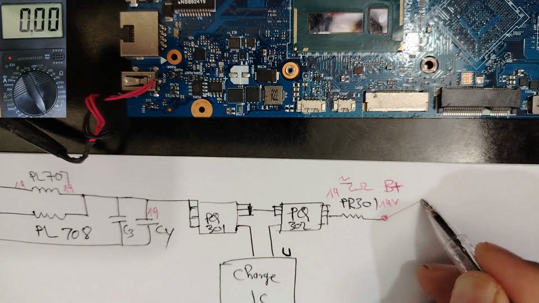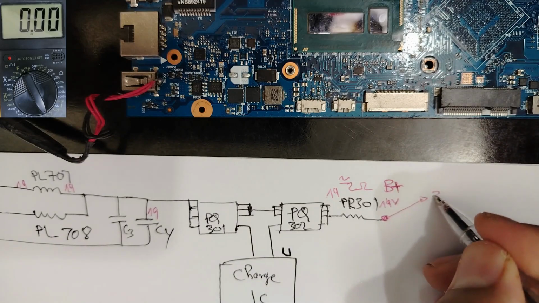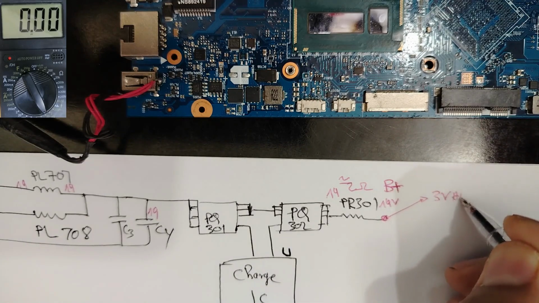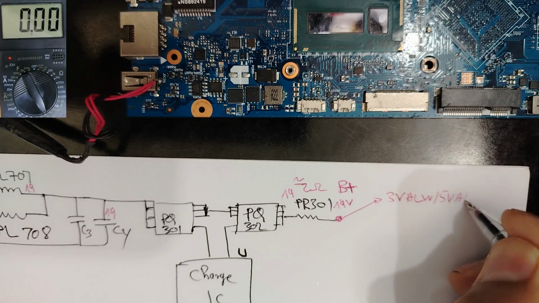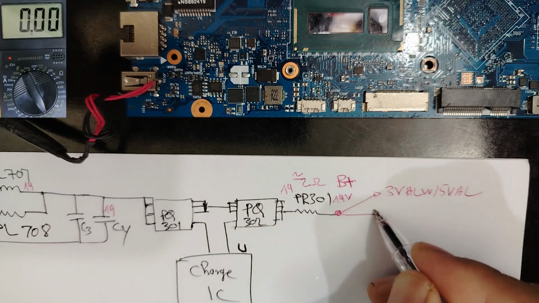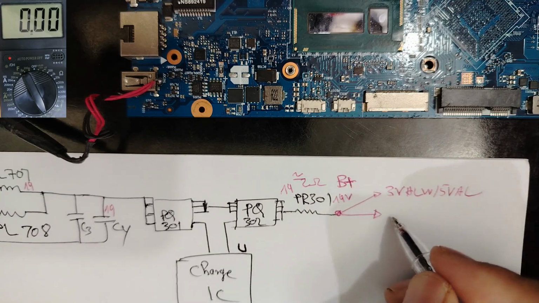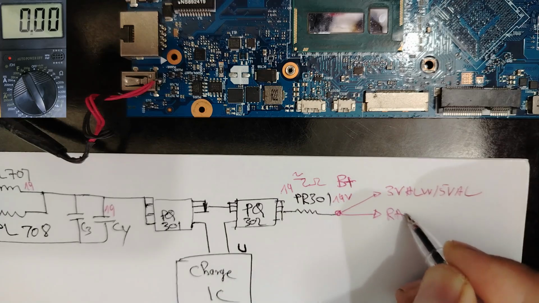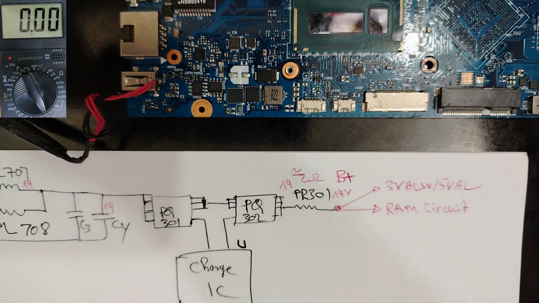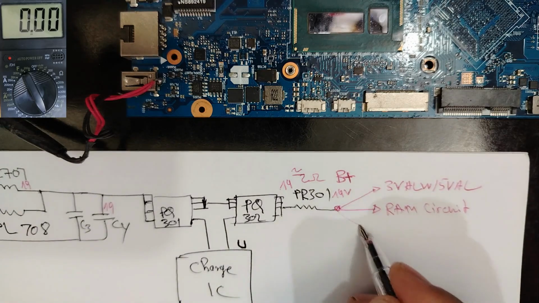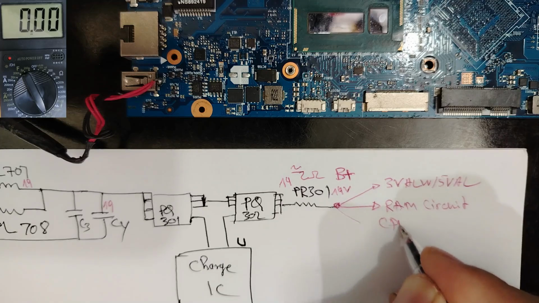So B plus will be distributed to 3 volts always, 5 volts always, and also will be directed to RAM circuit, also to CPU circuit.